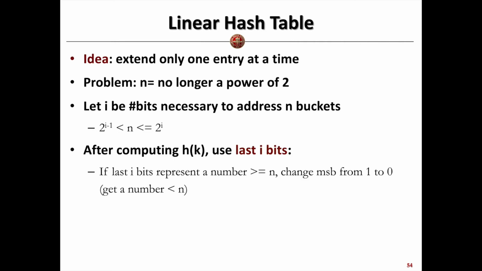The linear hash table allows us to grow the hash table during the running time in both the horizontal way as well as the vertical way. It combines advantages from both the conventional hash table and the extensible hash table. The idea for the linear hash table is to grow the hash table by creating only one entry at a time.